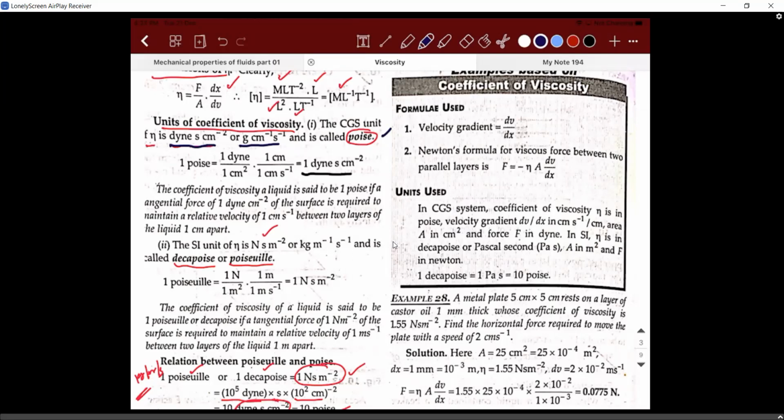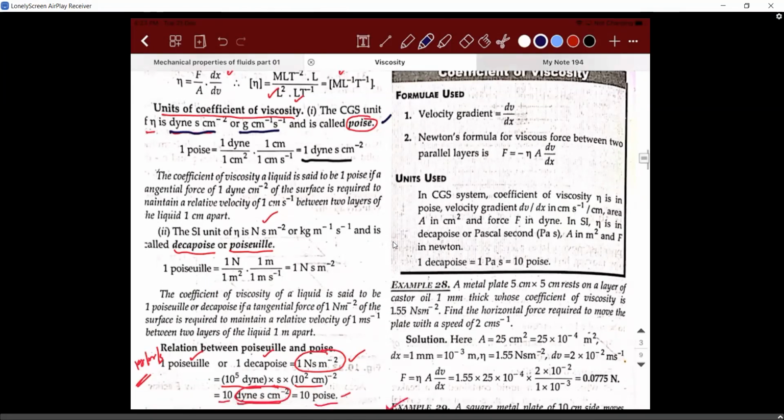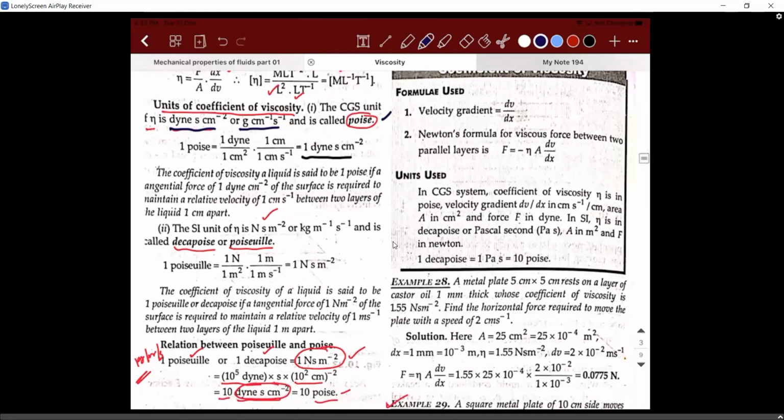Like how you call the CGS unit of force dyne, the collection of dyne second per centimeter square is POISE.